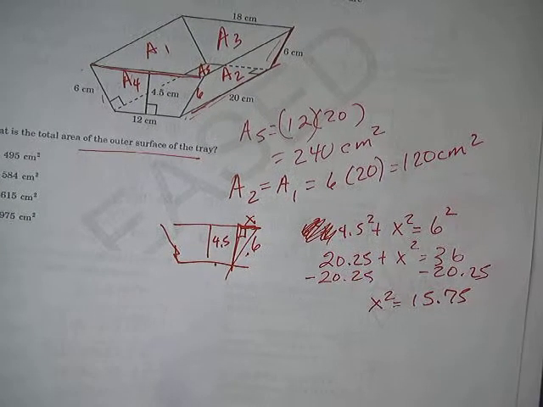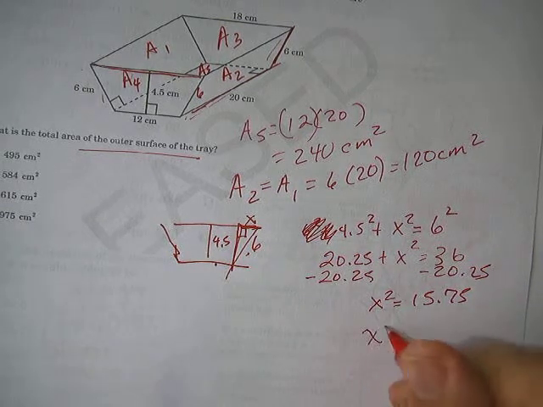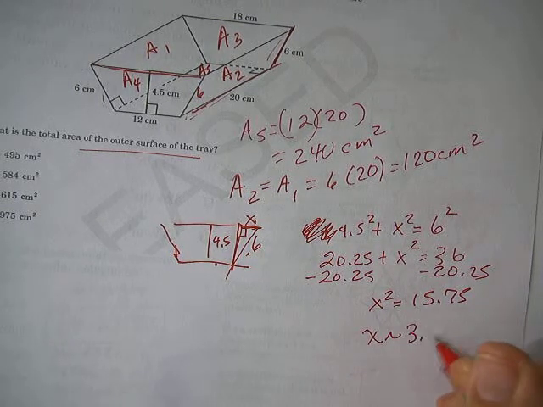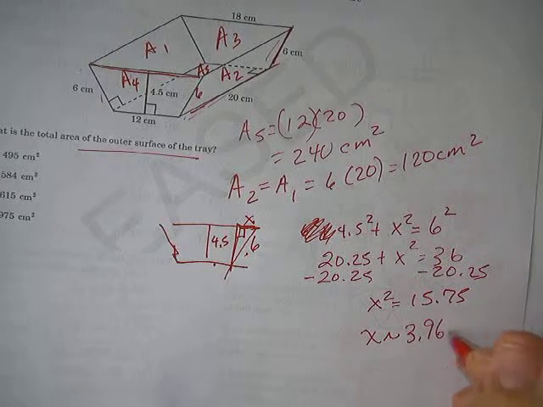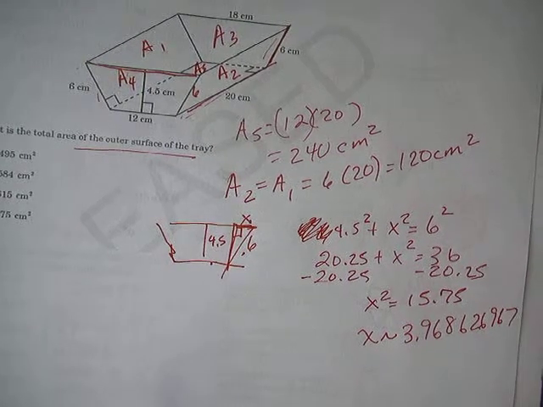So how much is x? Well, I could just take the square root of that. And I get a number. x is approximately 3.968626967. That's a little bit much.